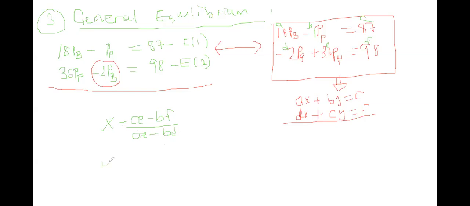And y equals (A times F minus C times D) all over (A times E minus B times D). Of course, we don't have x and y here in this problem, but x here is nothing but the price of beef, and y is the price of pork.